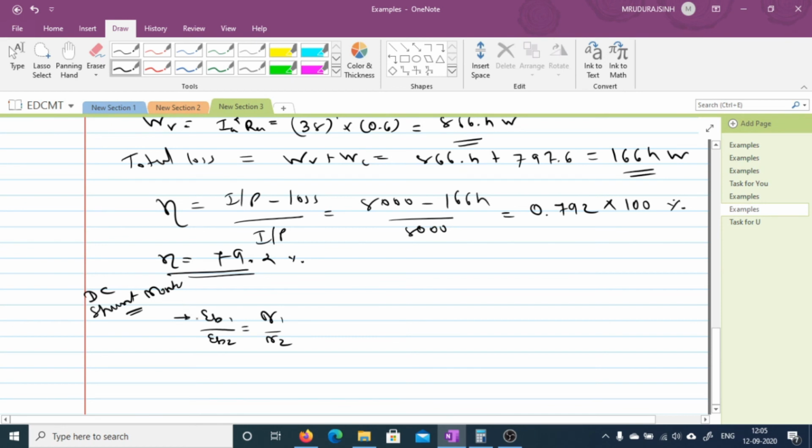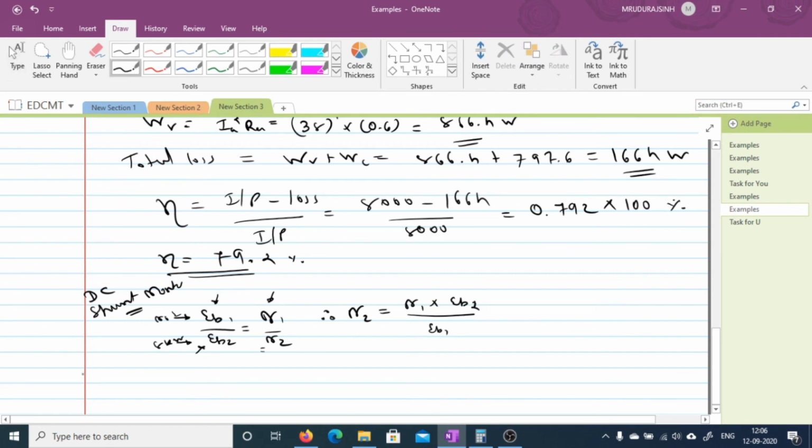We will consider this no load condition and this the case of 8 kilowatt. We will find the back EMF at no load. We have the speed of machine at no load. We will find the back EMF when the load is 8 kilowatt, and then we will get the speed. So this equation will modify as N2 is equal to N1 into EB2 divided by EB1.